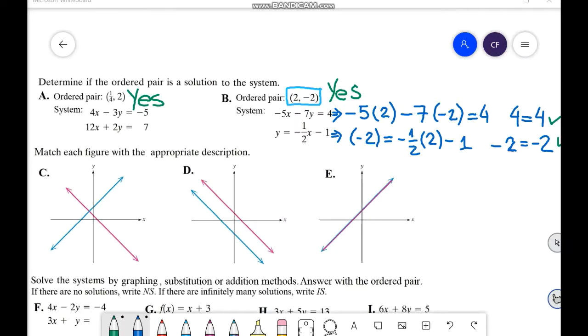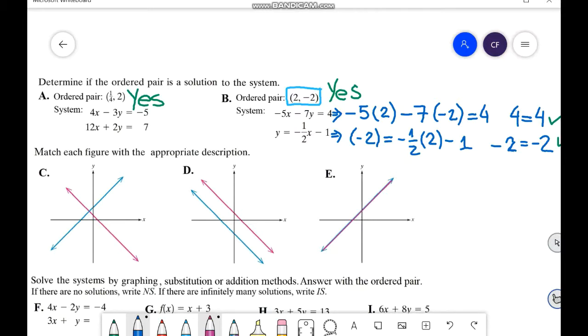The next set of questions, you have to match each figure with the appropriate description. These lines here represent linear equations, and you have to figure out if they have one solution, no solution, or infinitely many solutions.